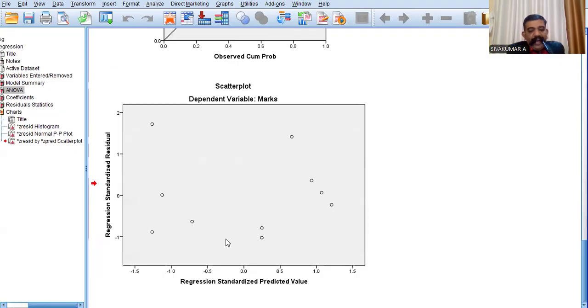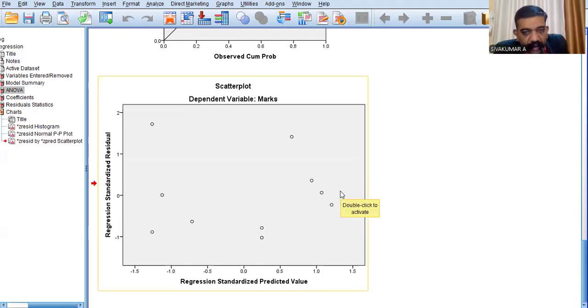Our condition: data needs to show homoscedasticity. How can we check? Please see the point 0. Here, points lie below 0 and above 0, randomly scattered above the 0 line and below the 0 line.